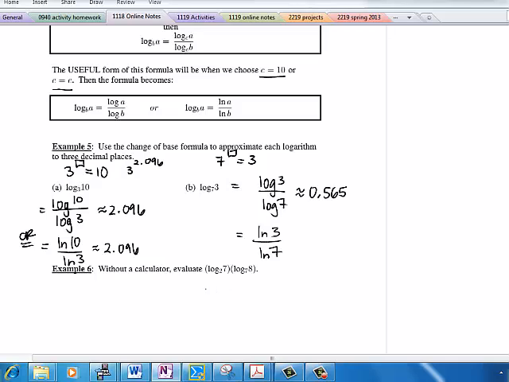But I know that's the same as log of 7 divided by log 2, the first one switching to base 10, times log of 8 divided by log 7. So we've got these two fractions multiplied together. I see that I've got matching factors in the numerator and denominator. So now I can switch that back to log 8 divided by log 2.